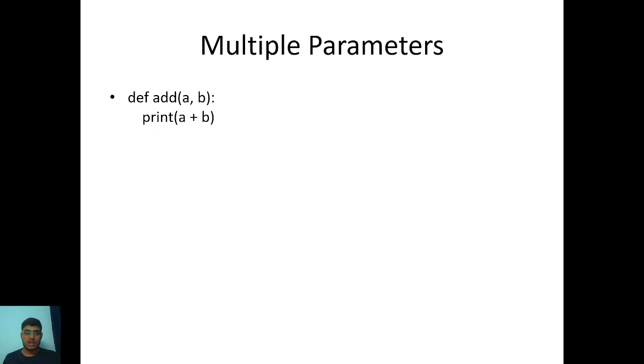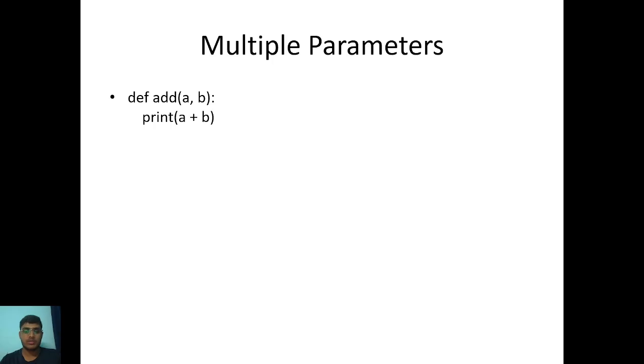A function can accept more than one parameter. This allows us to pass multiple pieces of information to the function, making it more flexible and useful.